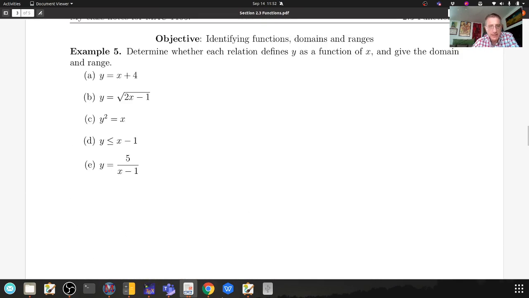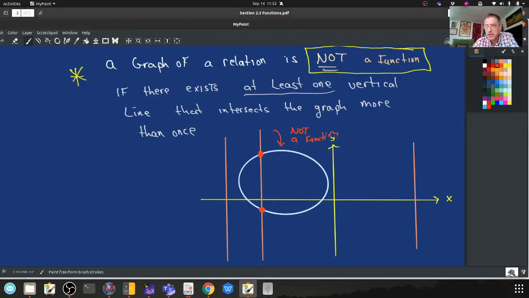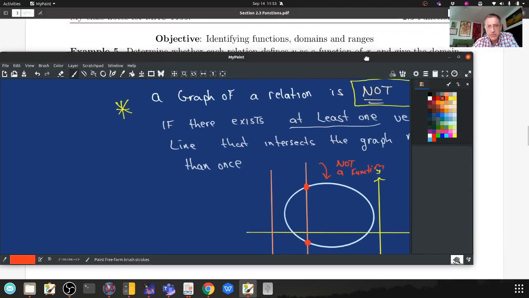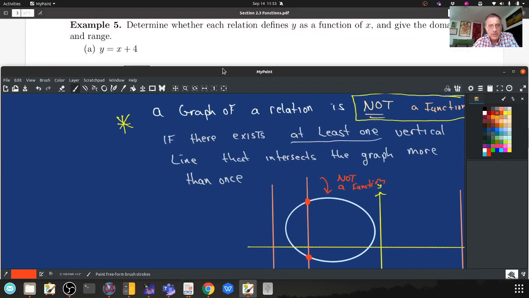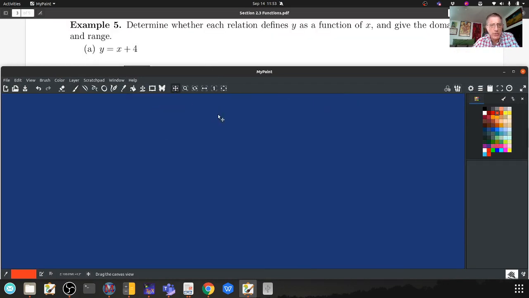So let's do the next objective. The easiest way to determine each one of these is to determine what the graph looks like. So let's look at y is equal to x plus 4.